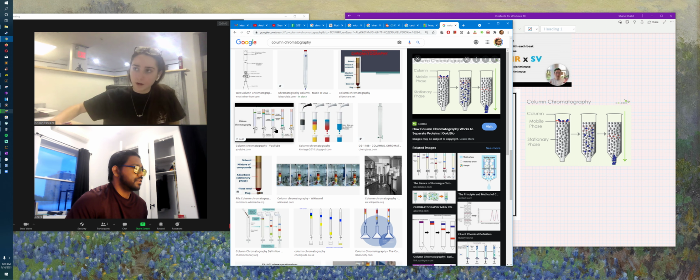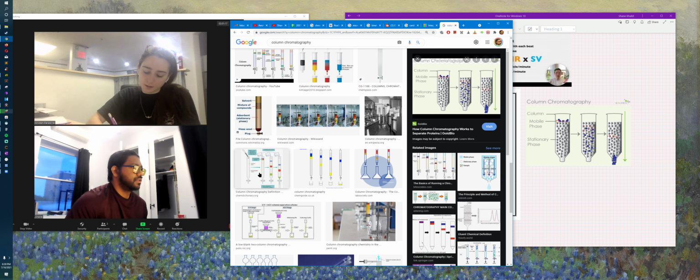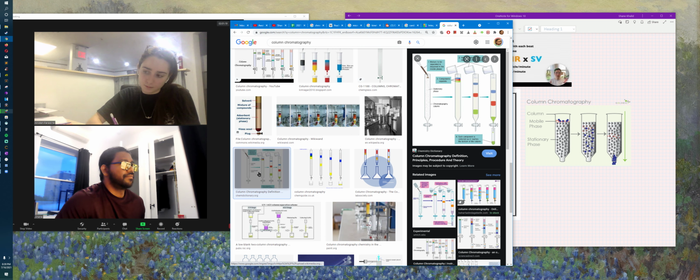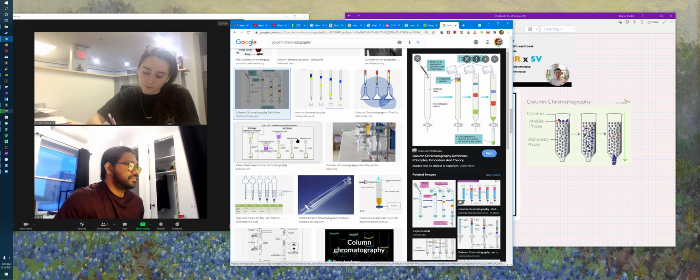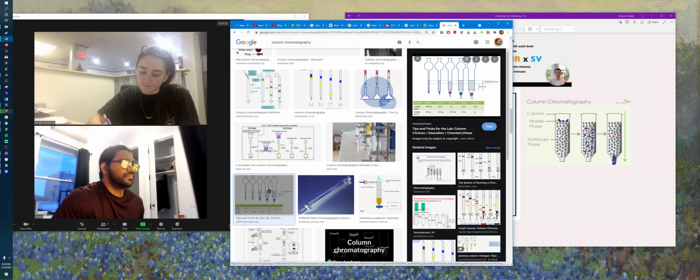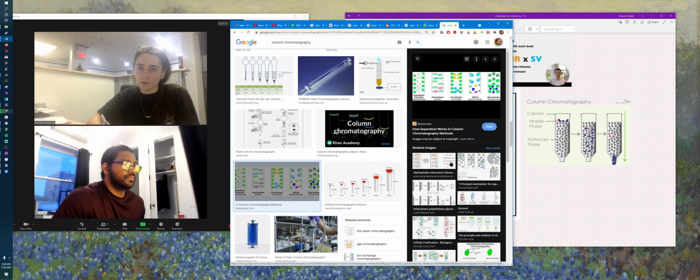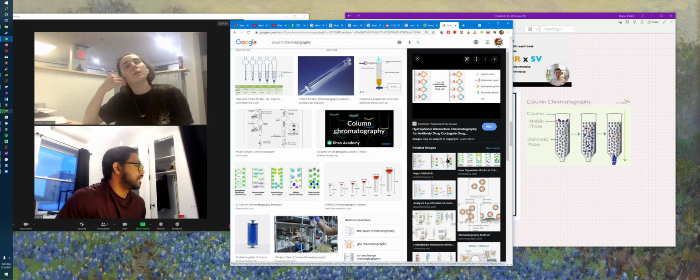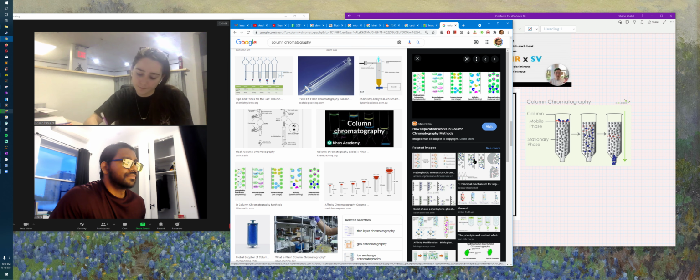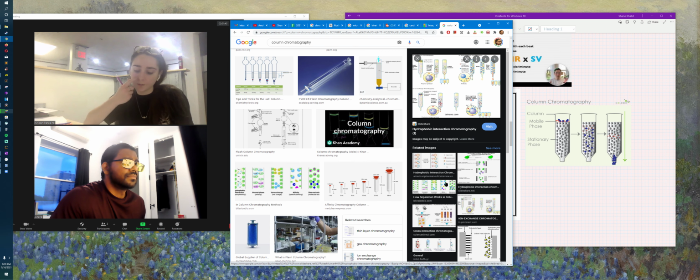A lower affinity for the stationary phase would elute first and move quicker, right?